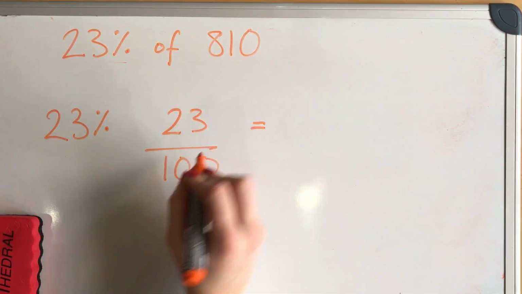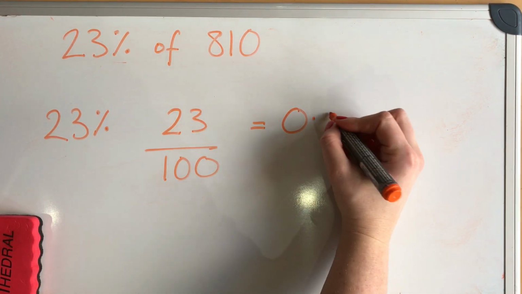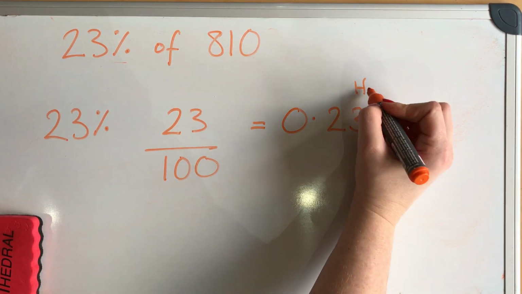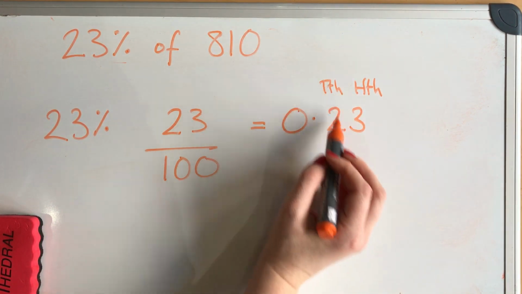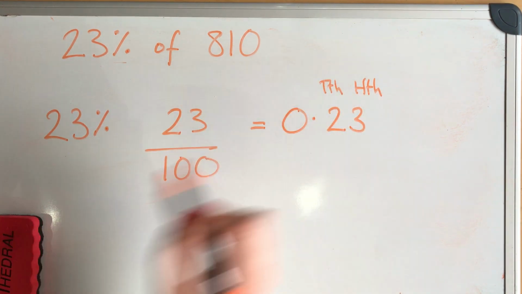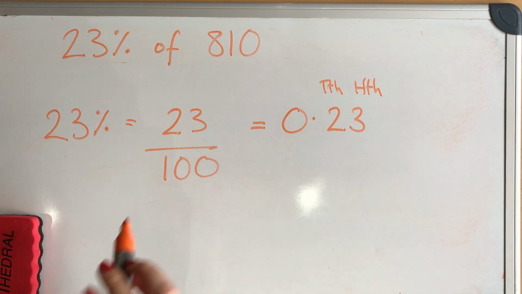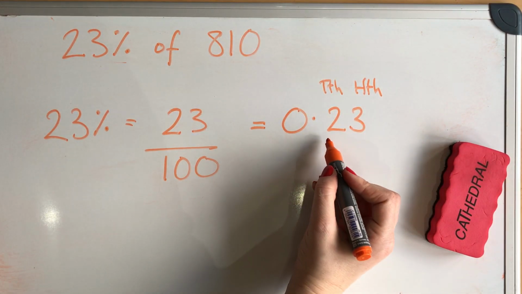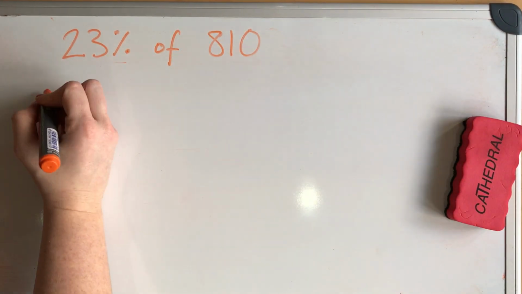So as a decimal, that's 23 hundredths. So that's 23, because I have 3 hundredths and then 2 tenths, which is the same as 23 hundredths. So I'm actually going to be using this decimal version. So I'm going to convert that into a decimal.